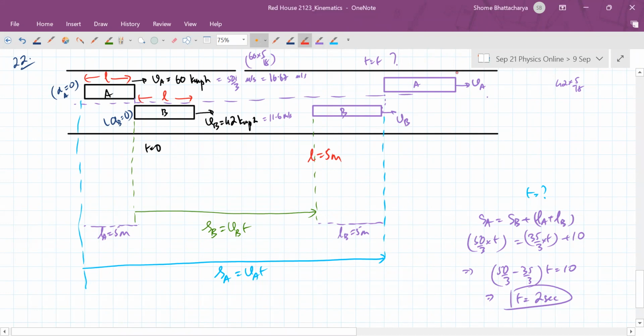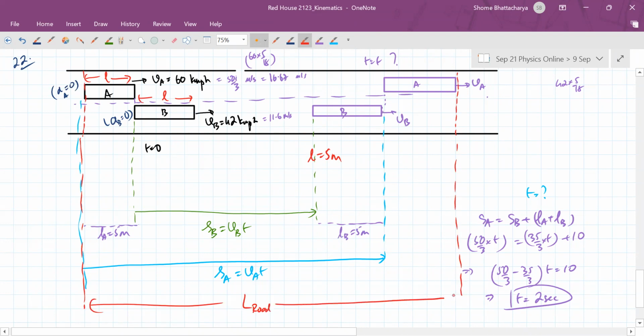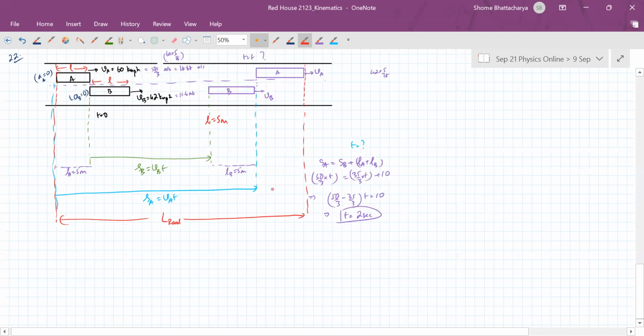Now, the road length is this section of the road. From here to here, this entire section has been utilized to complete the overtake. So this is the road length, and that road length you can see is the displacement of A plus its own length.